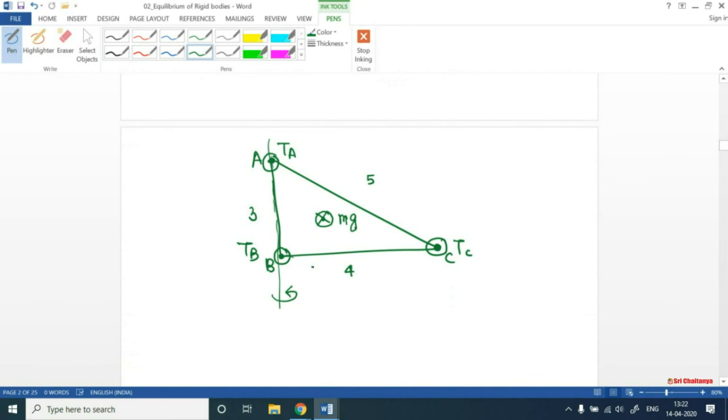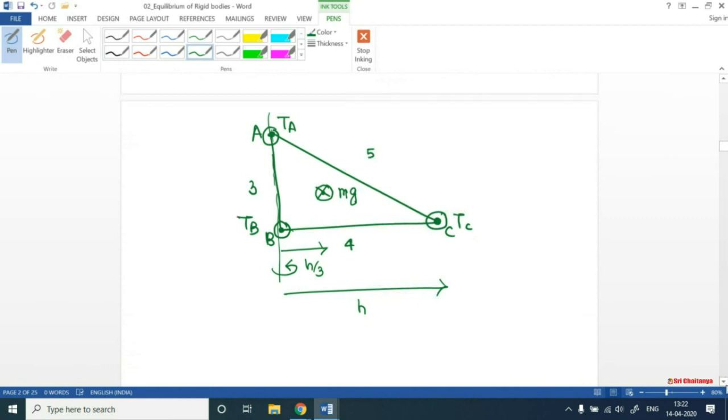So only the torque due to mg and the torque due to TC about line AB will be there. Let's say this distance is h. Using geometry, the line of application of mg would be at a distance h by 3 from AB, and since this is in equilibrium, the torque due to mg and the torque due to TC will cancel each other.